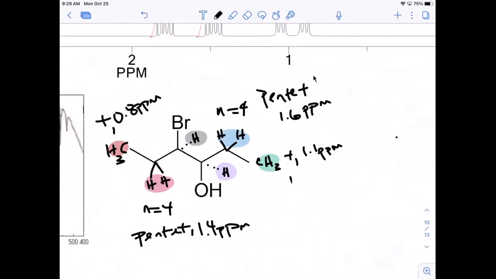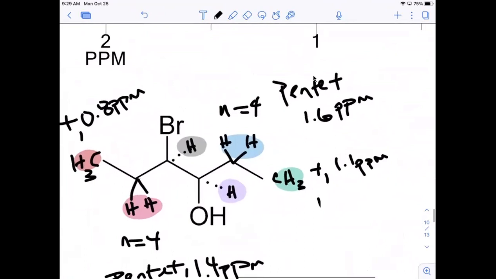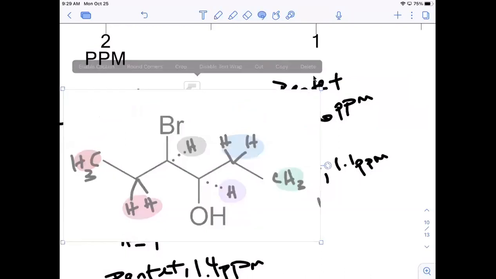It would be 4. It'll be a quartet. Good. So that should be a quartet, and then this should also be a quartet. Is that right? Yes, sir. Yes.